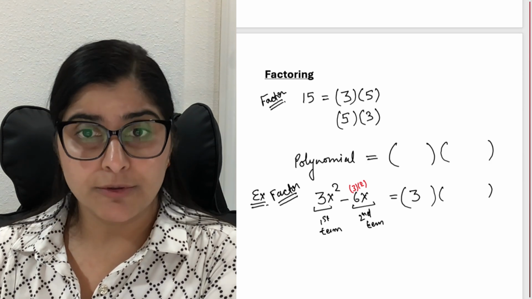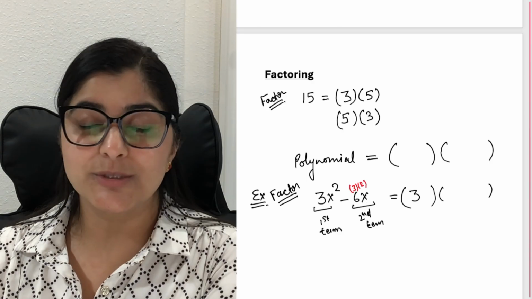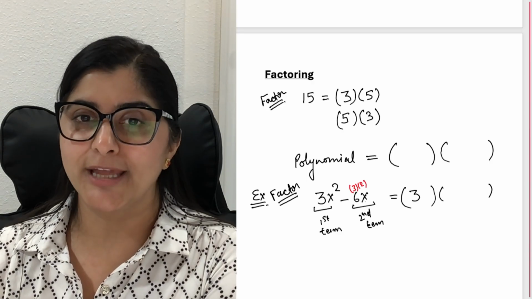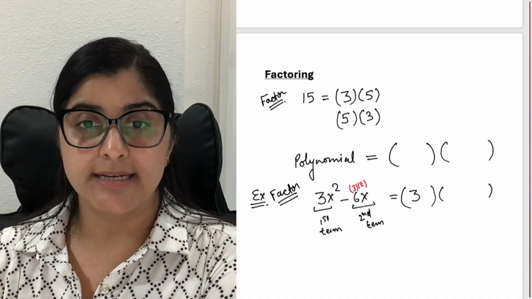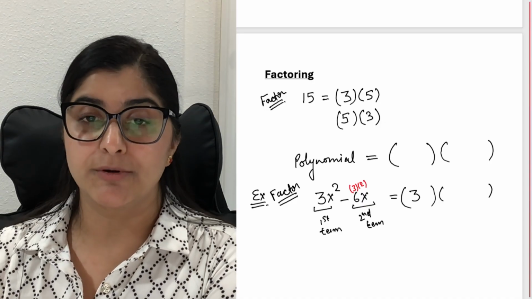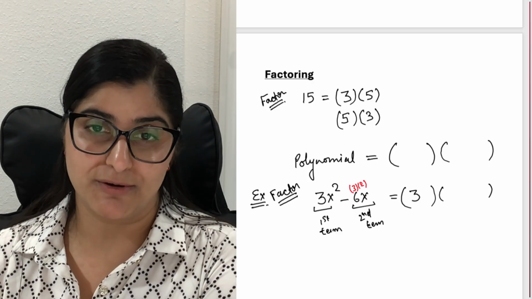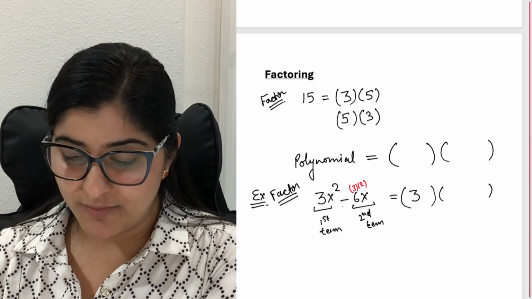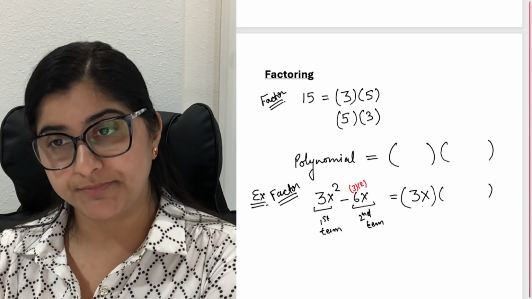From the first term we could borrow 2 copies, but the second term doesn't have 2 copies, so the maximum we can borrow is 1 copy of x from each and every term. So we can borrow 1 copy of x from both terms and write it here.